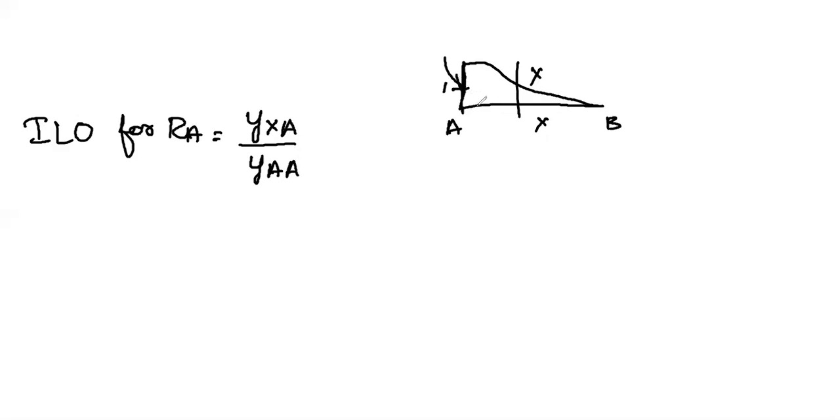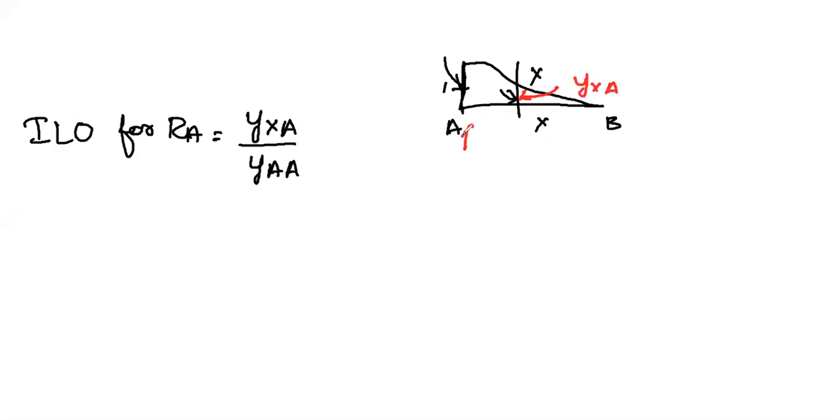So you should know what YXA and YAA are, and the difference between these two. YXA means the deflection at the point X. Let me show you in a different color. This point is YXA.